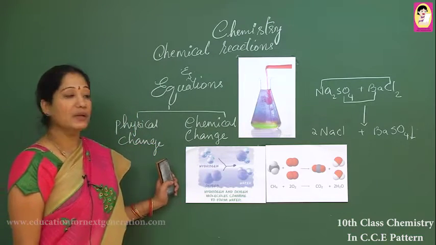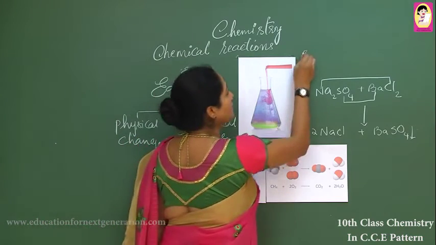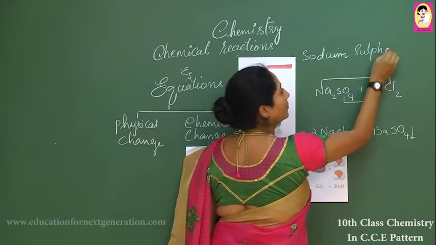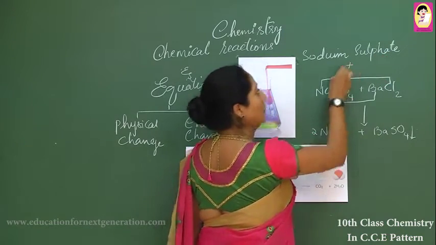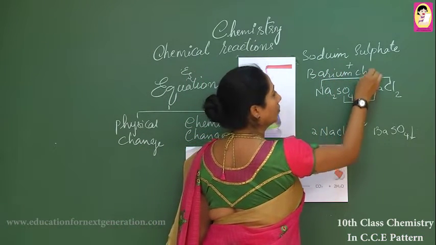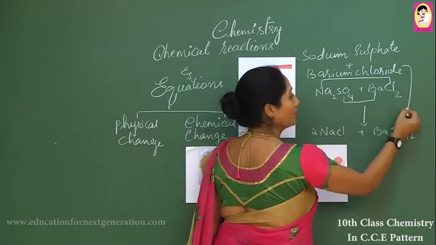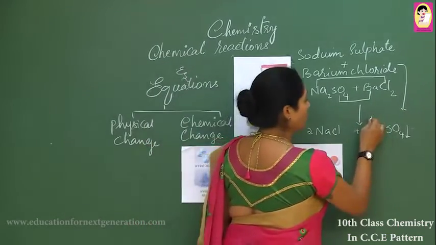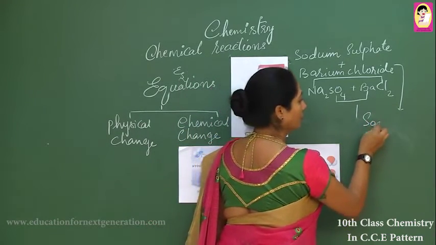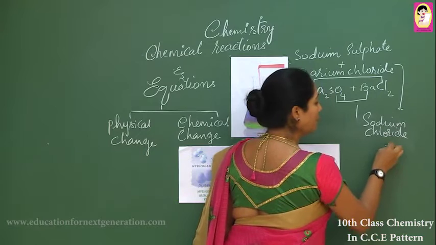A chemical reaction, in terms of theory, you can say directly: sodium sulfate reacts with barium chloride, giving rise to sodium chloride plus barium sulfate.